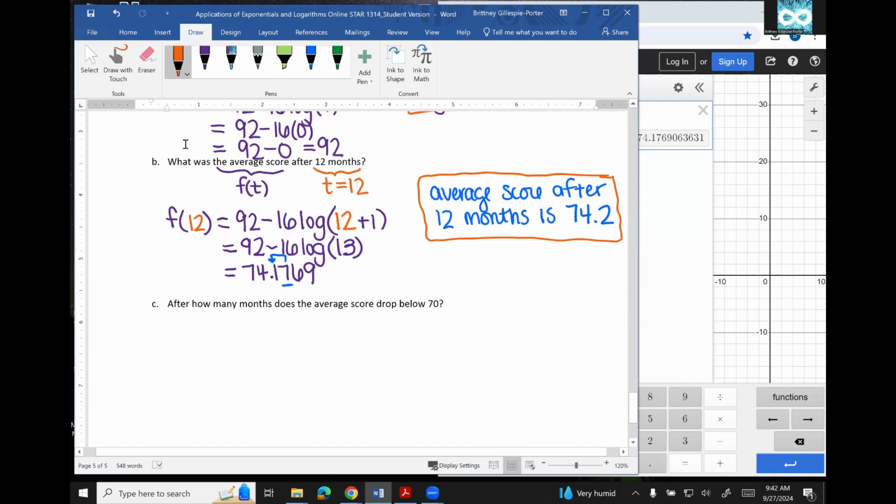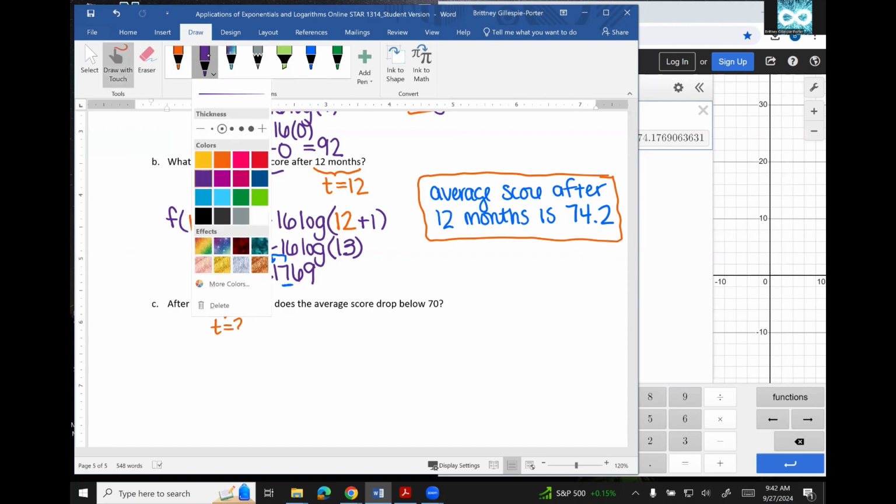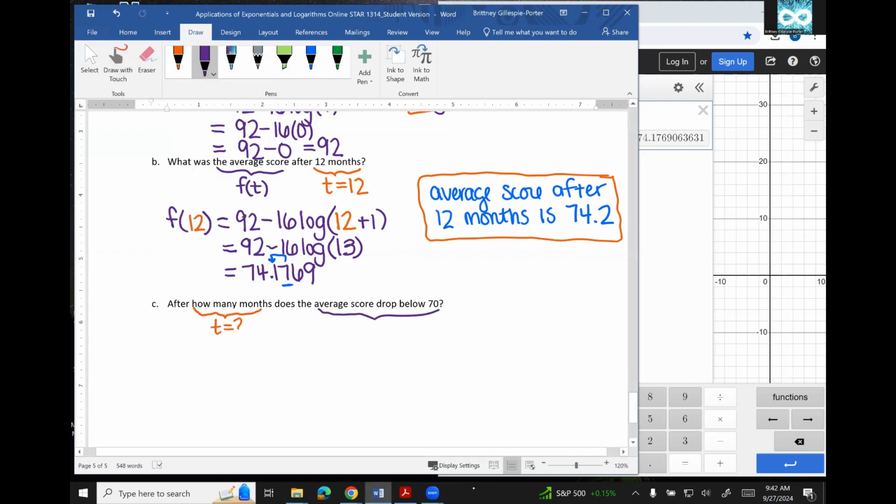After how many months, so they want us to find t, does the average score drop below 70? So average score is equal to 70.